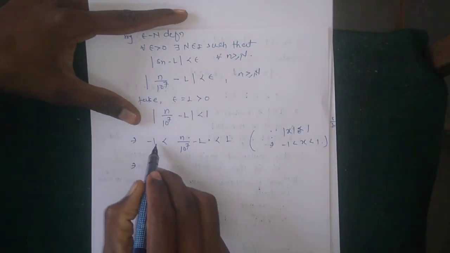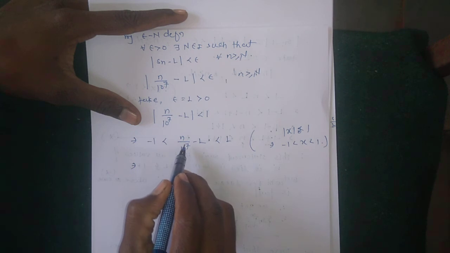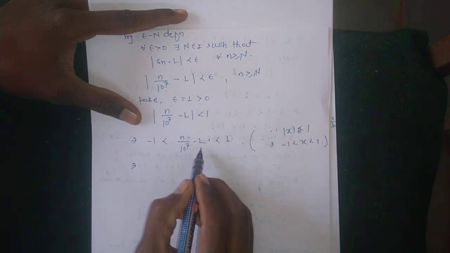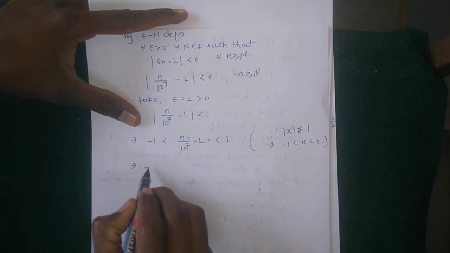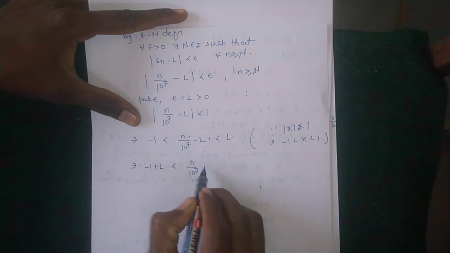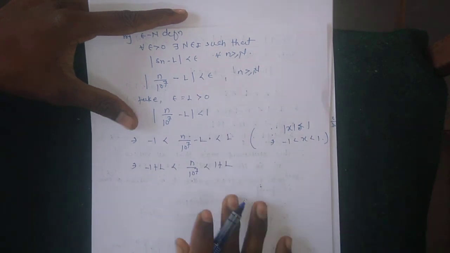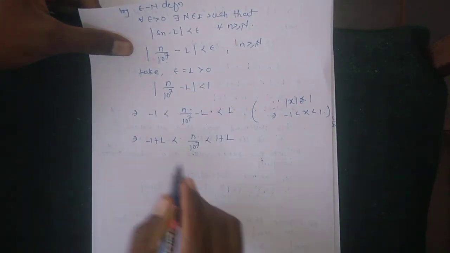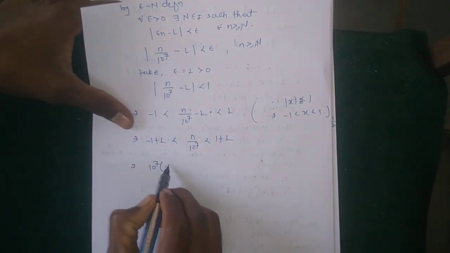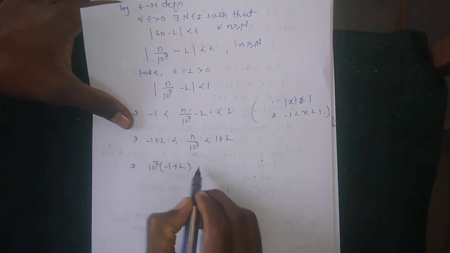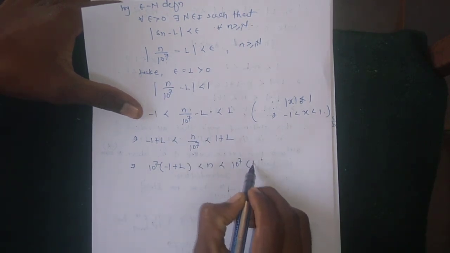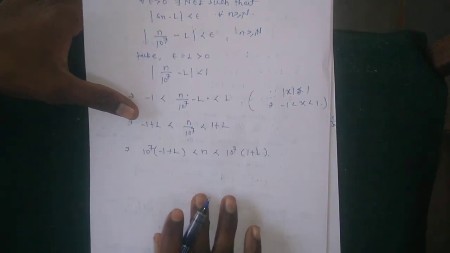So adding L, we get minus 1 plus L is less than n divided by 10 raised to 7 is less than 1 plus L. Multiplying by 10 raised to 7 in all, therefore 10 raised to 7 into minus 1 plus L is less than n is less than 10 raised to 7 into 1 plus L.